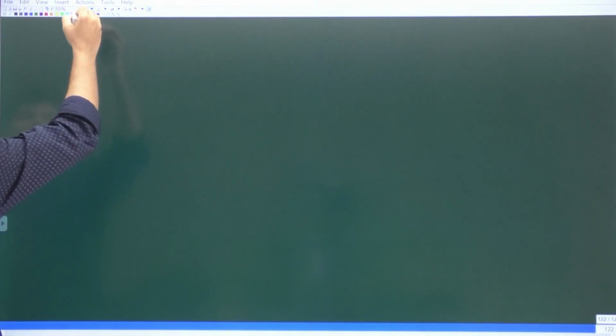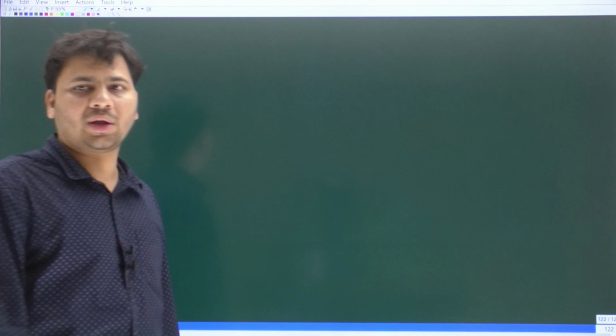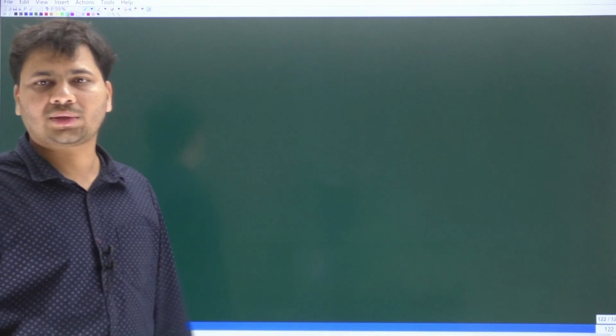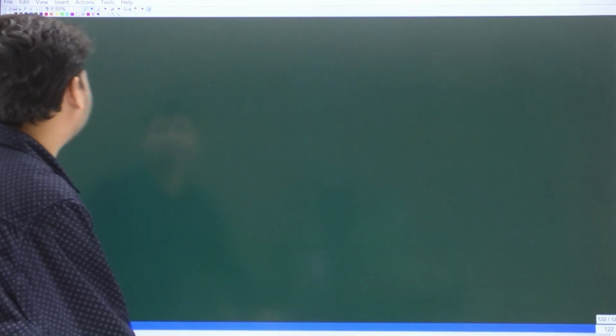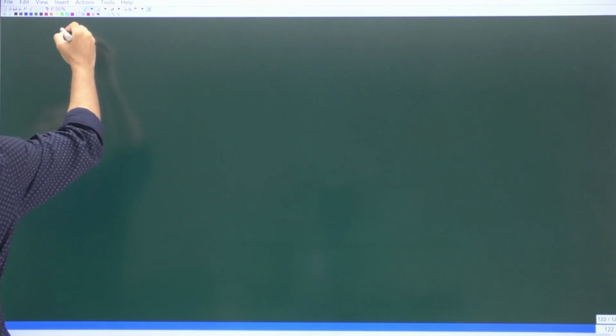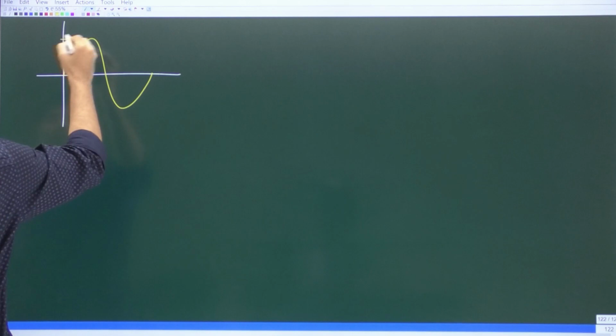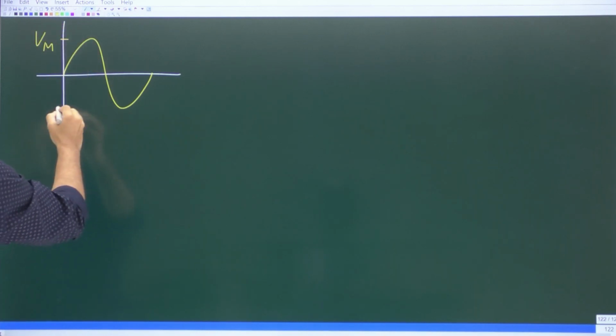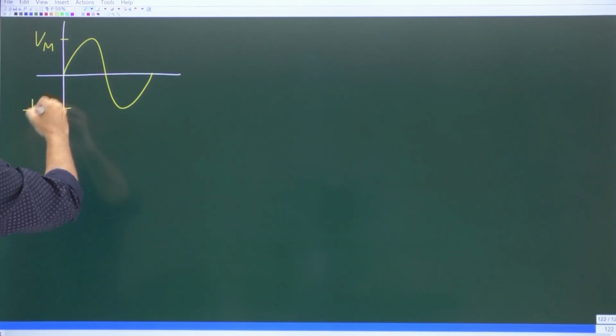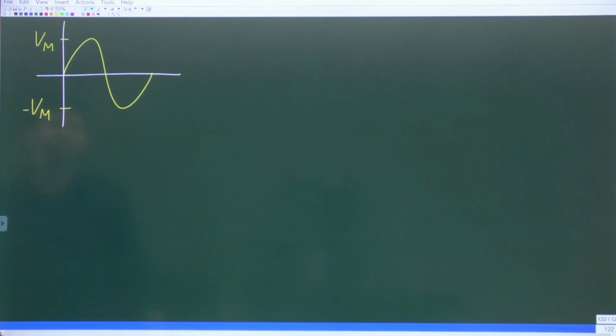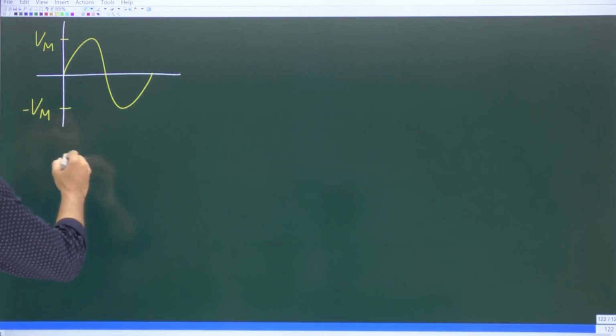I'll just draw a couple of commonly encountered waveforms, and for every periodic waveform I'll write the corresponding RMS value. The first waveform is a sinusoid with an amplitude of Vm, which varies between Vm and minus Vm. And the second waveform.